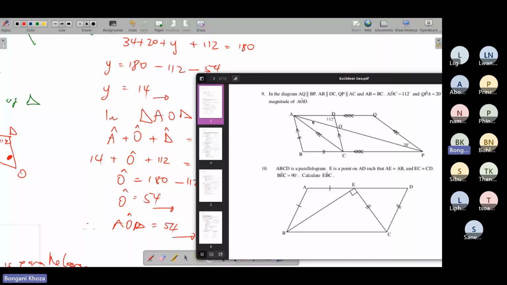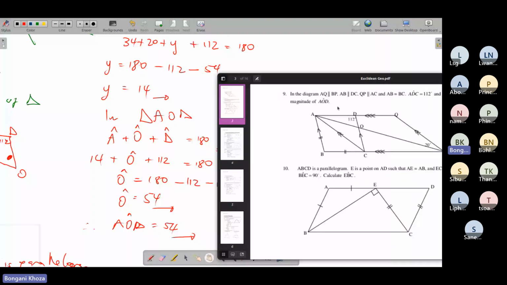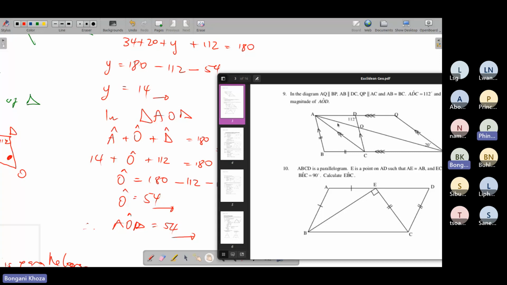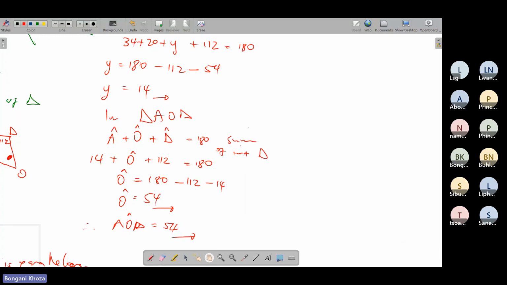So we found out that that small space over there is 14. After that, we look at triangle ADO, or AOD. We have 112, we have 14, and an unknown. Then we use the sum of interior angles of a triangle, and we got what we were looking for. Any questions?